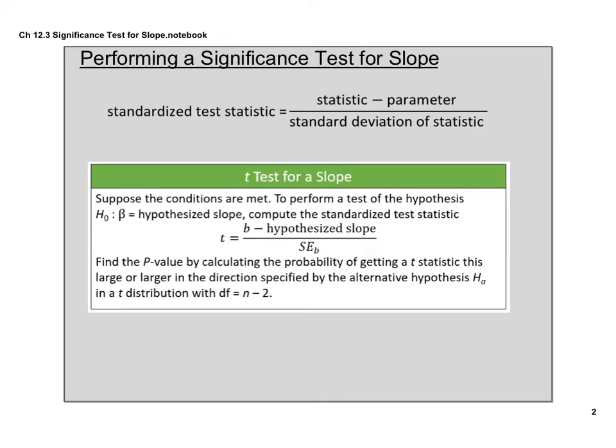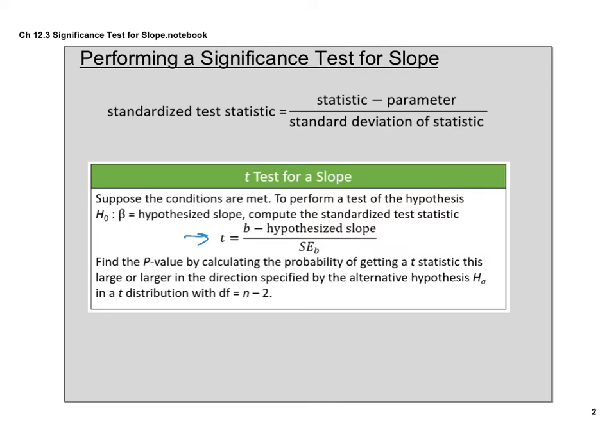So the standardized test statistic is going to be the statistic minus the parameter divided by the standard deviation. Now we all know that if we're not able to look at the population, which is true in most cases here, then we have to look at the sample. So it says, suppose the conditions are met to perform a test of the hypothesis.